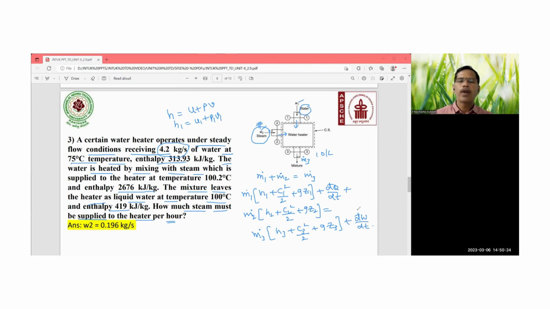This is the steady flow energy equation for this particular heat exchanger.